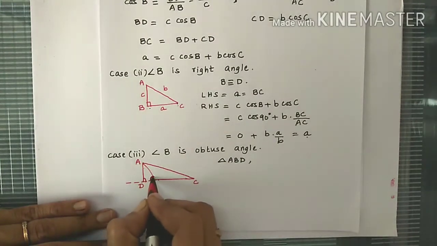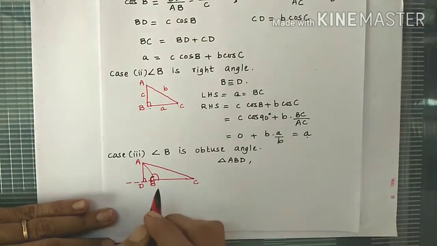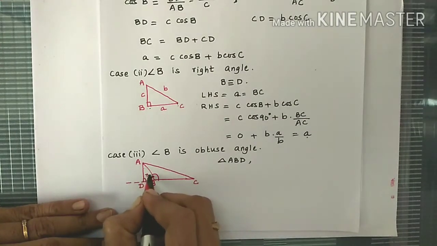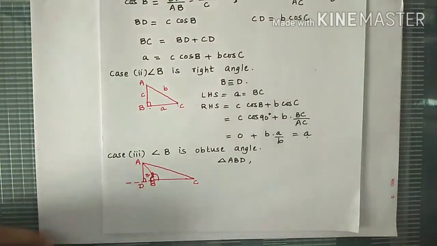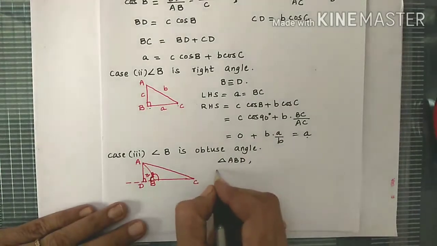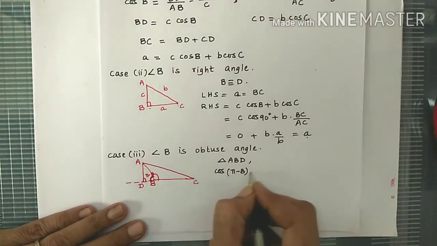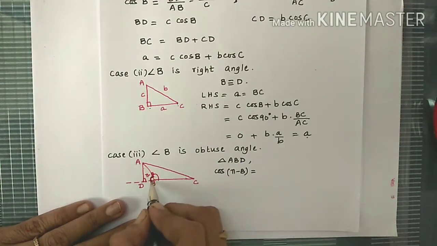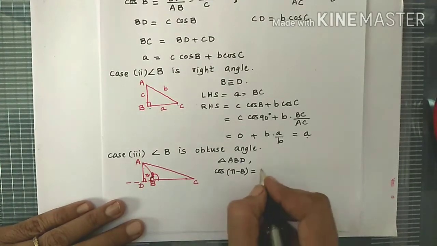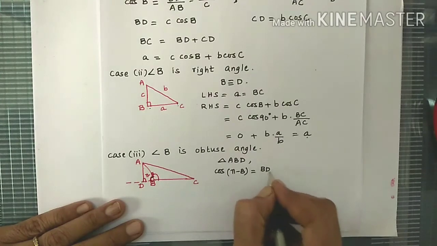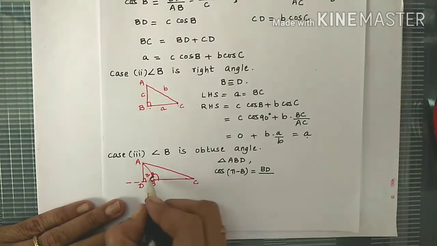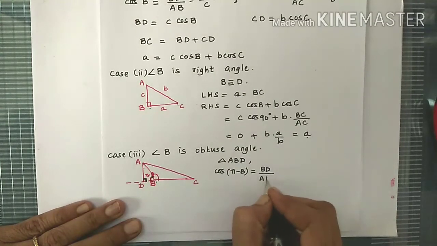So this angle is not B, it is pi minus B, because this other angle we are denoting by B. So cos of pi minus B equals the adjacent side, that is BD, divided by the hypotenuse, opposite to 90 degrees, and that is AB.